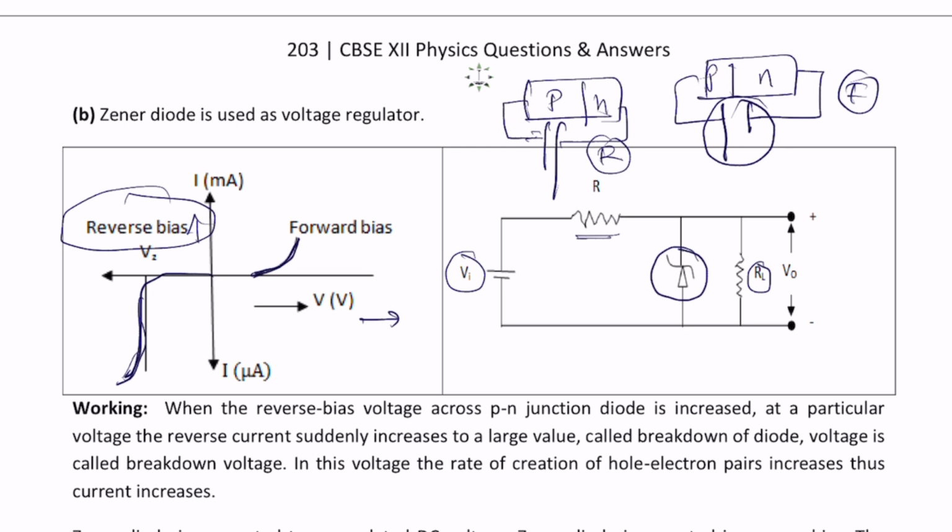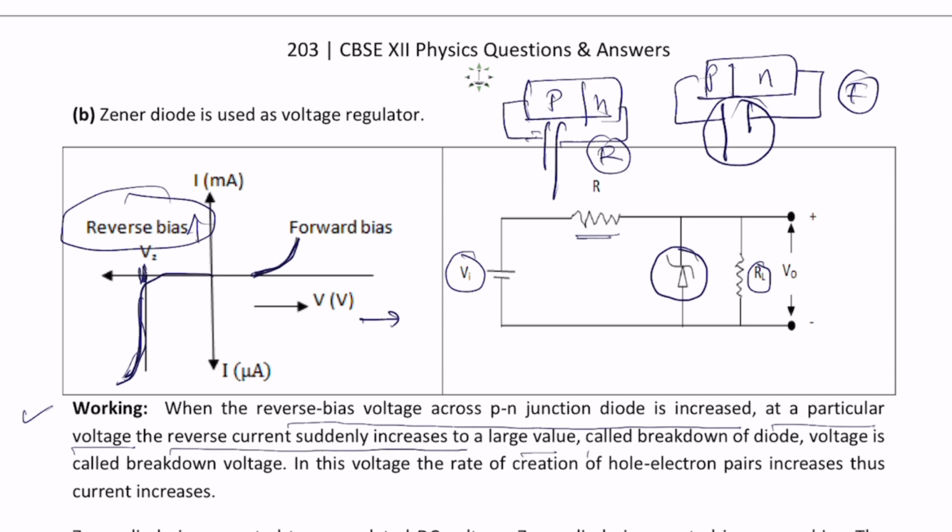So how it works, let's see. When the reverse bias voltage across PN junction diode is increased, means continuously you are increasing this voltage, correct? Negative voltage. At a particular voltage, the reverse current suddenly increases to a large value.